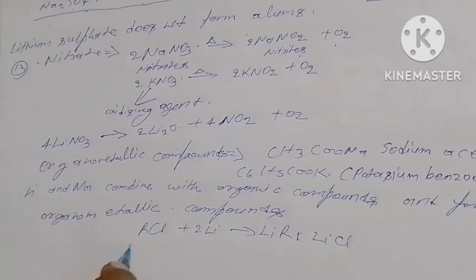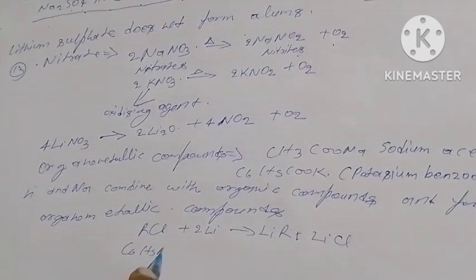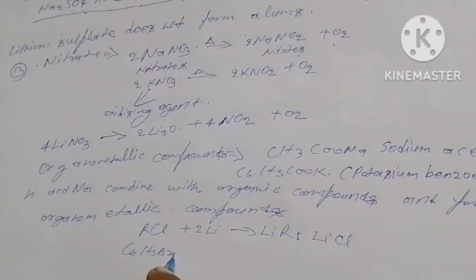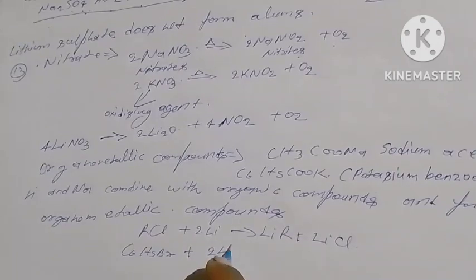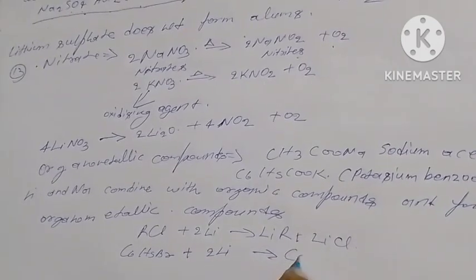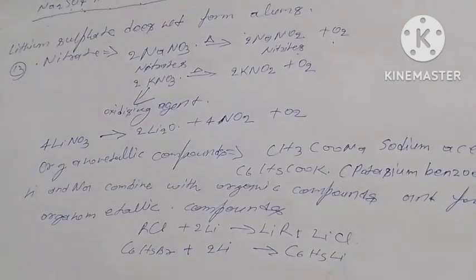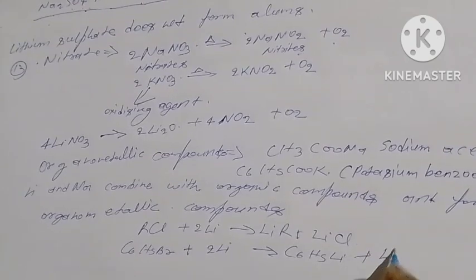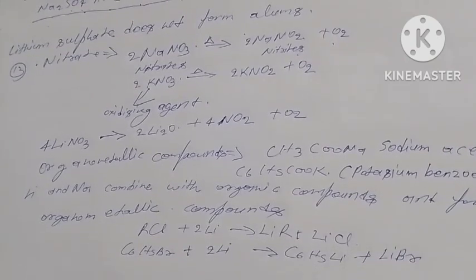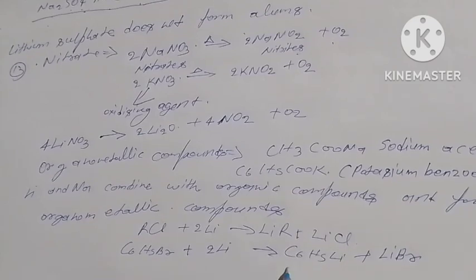That is, C6H5Br plus 2Li is converted to C6H5Li plus LiBr, lithium bromide. This is phenyl lithium.